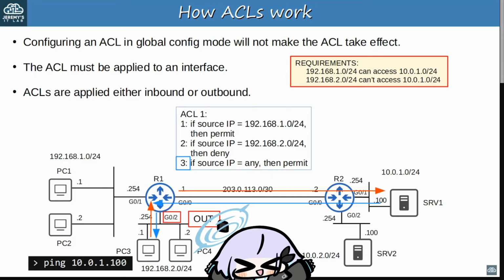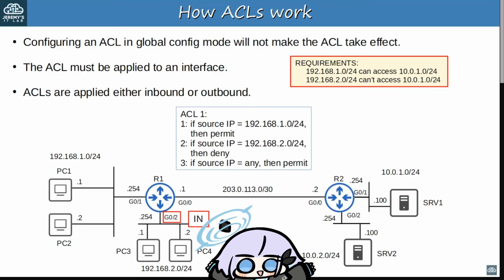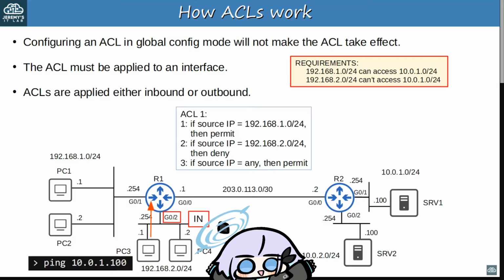What if we applied ACL1 inbound on G02? The rules are correct, but where it's placed is wrong. That means R1 will check the ACL for all traffic entering G02. So if PC3 tries to ping server 1, R1 will check the ACL. Once again, it will check the entries in order, from top to bottom. If source IP equals 192.168.1.0/24, the source isn't in that subnet, so it checks the next entry.